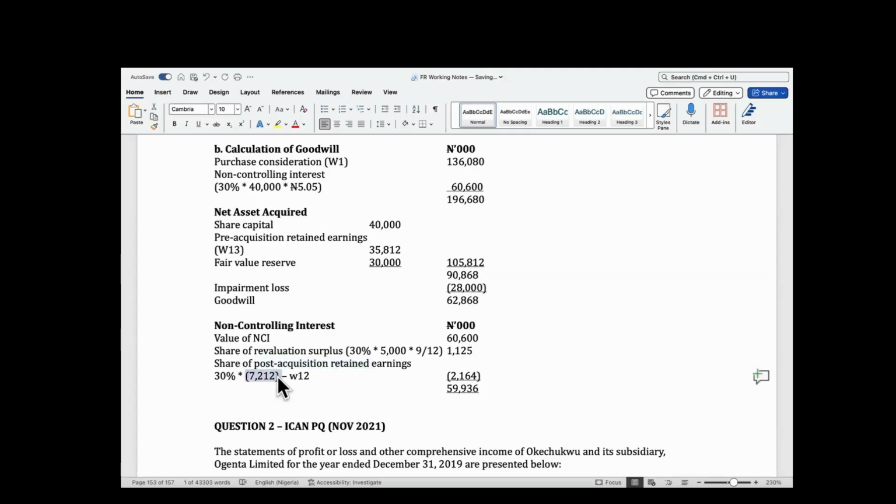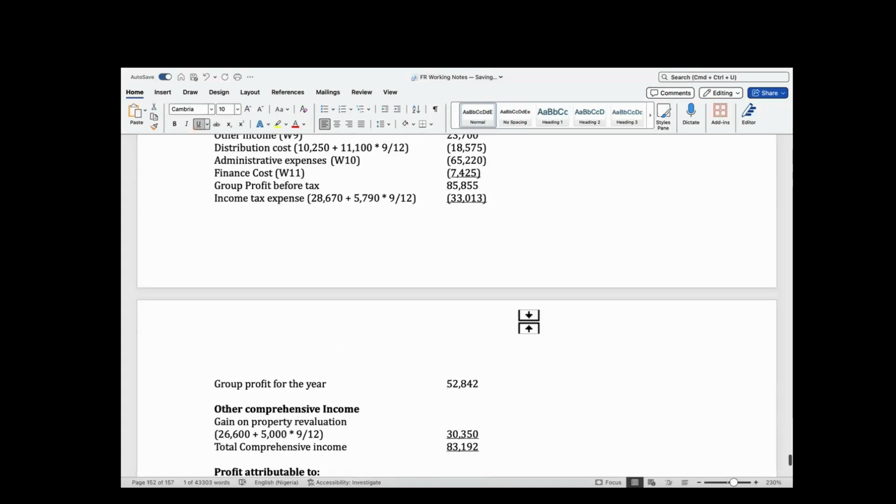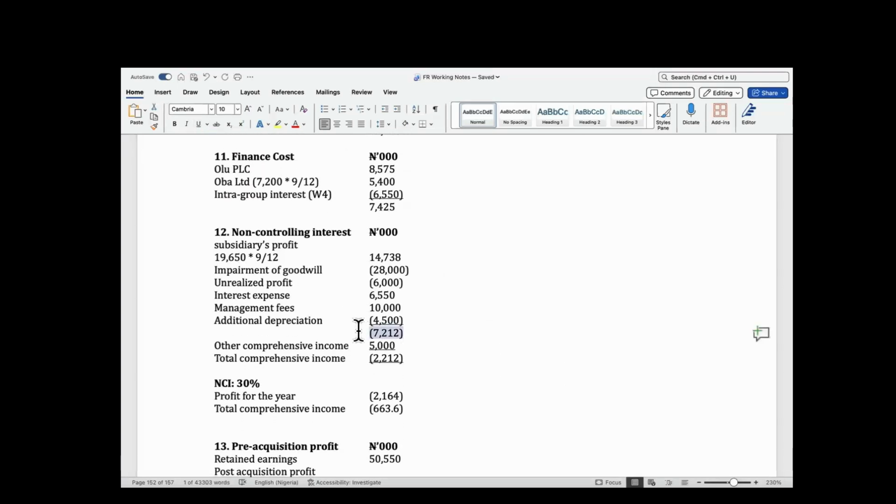In this case, it was a loss. And 30% of this is 2,164. And how did I know that? We already worked it out here. This 7,212, after making all relevant adjustments for us to derive this.